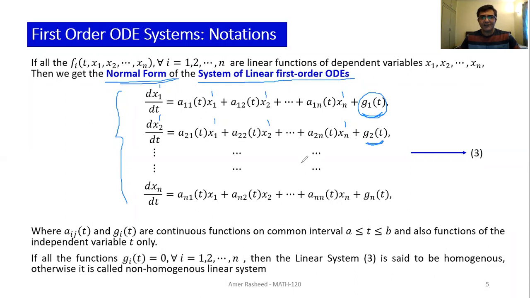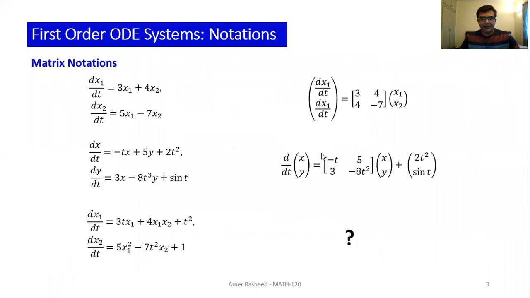So now this system, as we have seen in the previous examples, here on this slide: if we have a 2 by 2 system which is linear, which has all the dependent variables with power 1, and it may contain another function which is not a coefficient of a dependent variable, then this system is a linear first order system.